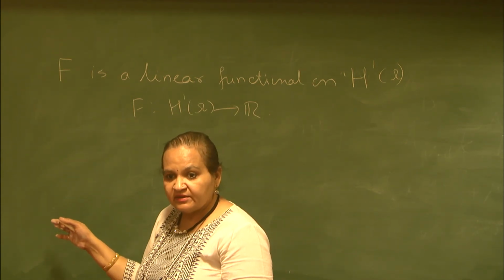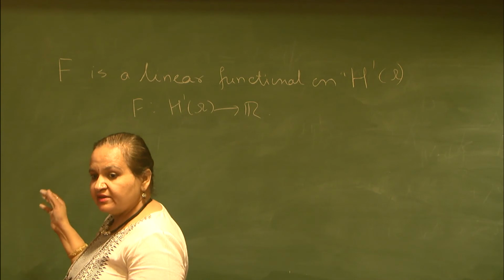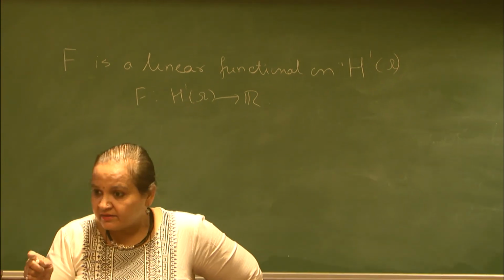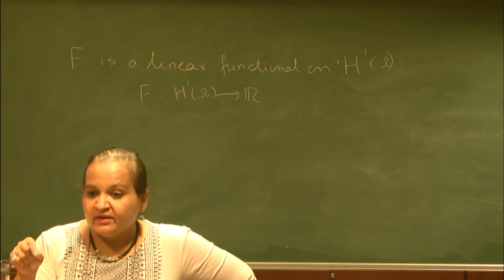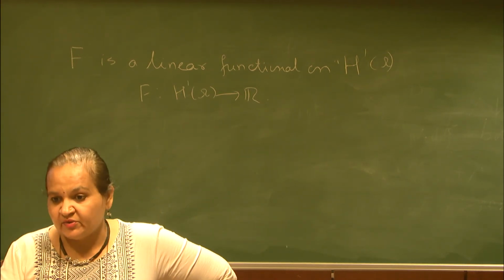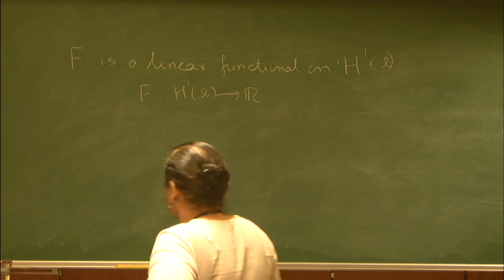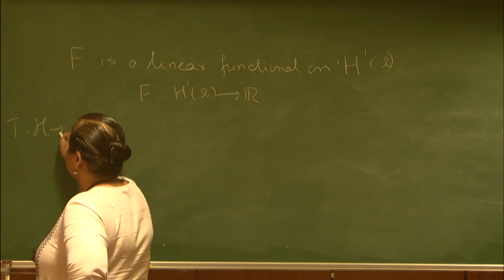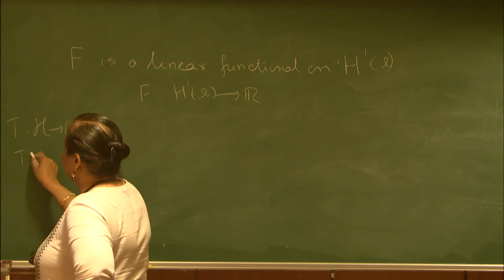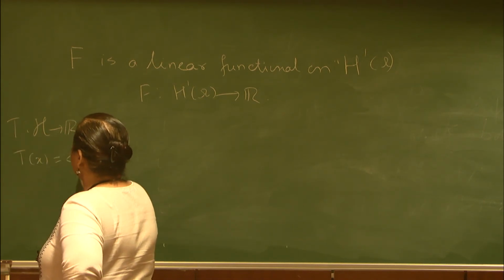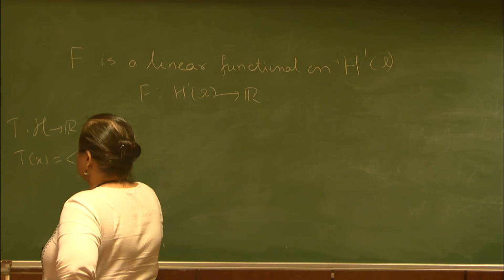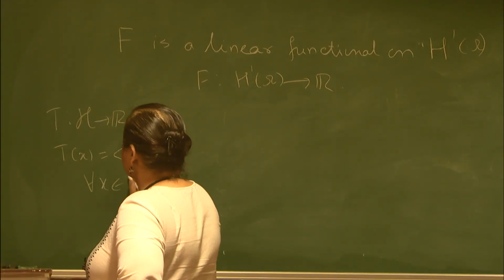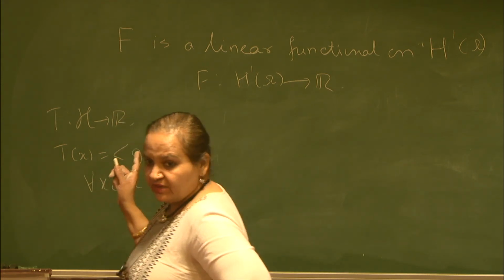It says that every such linear functional is represented by a vector in that particular Hilbert space via an inner product with it. It says that for any T from X to R, you have T(x) equal to some inner product (g, x) for all x belonging to H. So that is what we are going to use here.